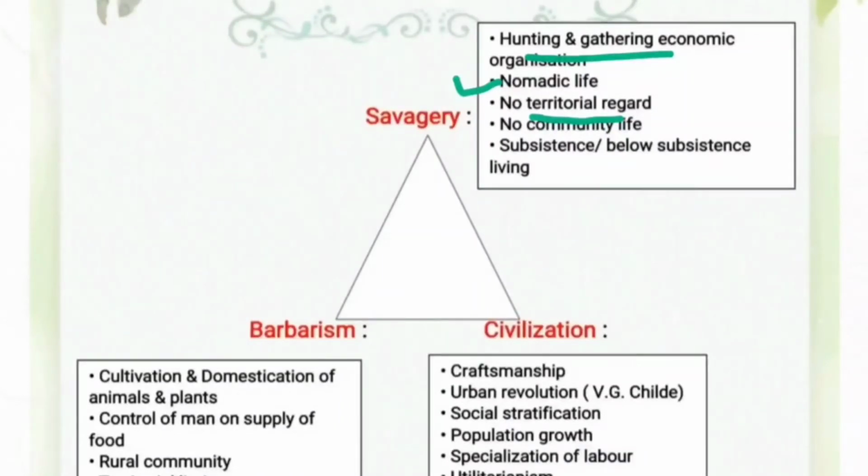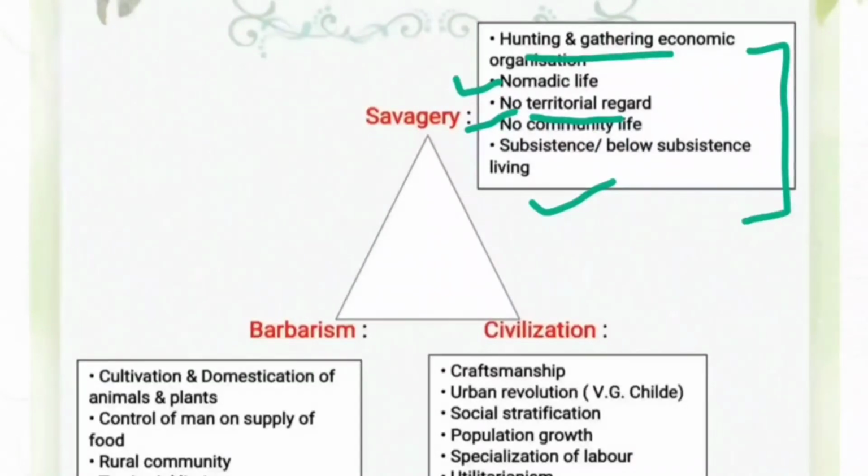There is no community at all, because if there is no territorial regard in them, definitely they are not aware of community life as well. So they are nomadic and they have a subsistence and below subsistence living. This is the characteristic of a savagery society.